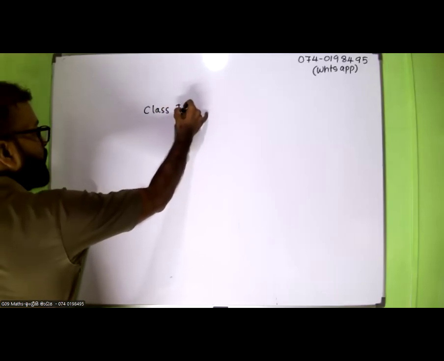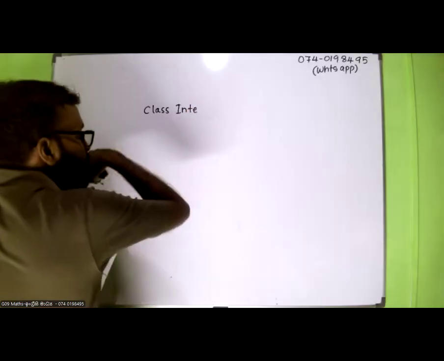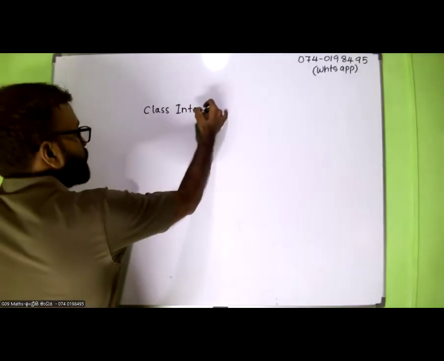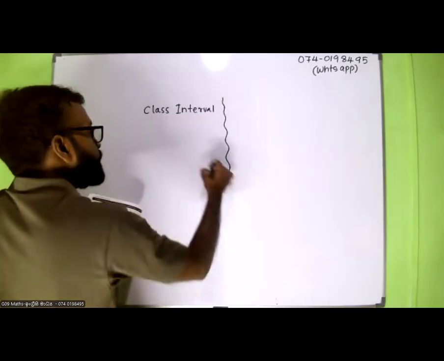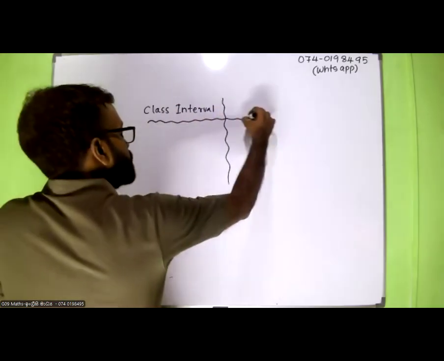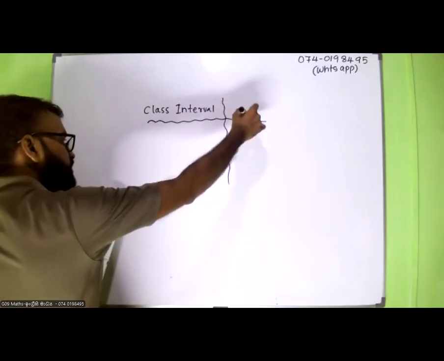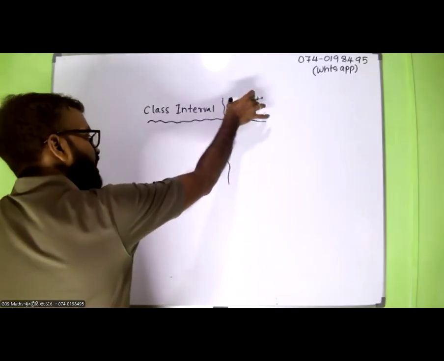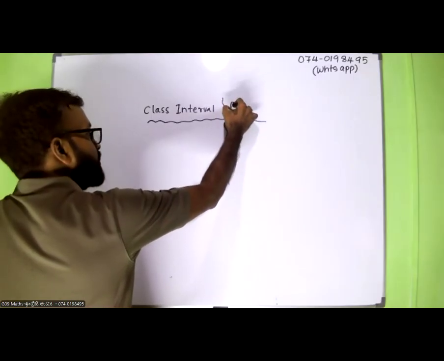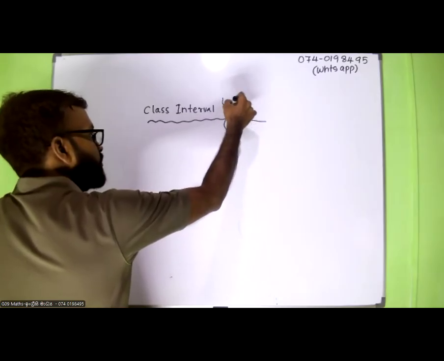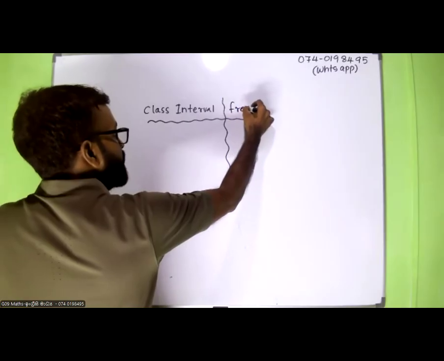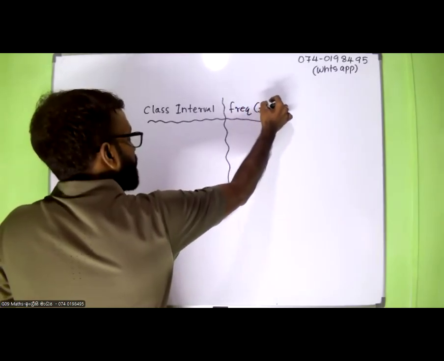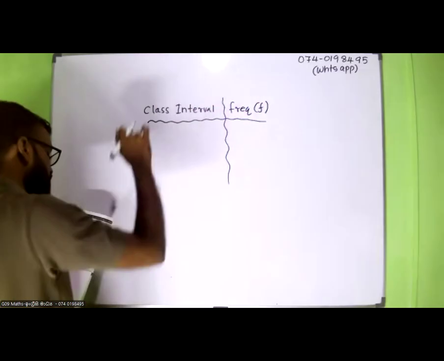When you prepare the group frequency distribution table, you might have 2 columns like this, or 3 columns with the tally marks part, but I will not include the tally mark column here. So I will refer to frequency. Now this is your frequency, this is your class interval.